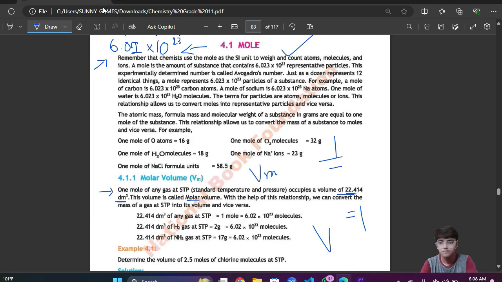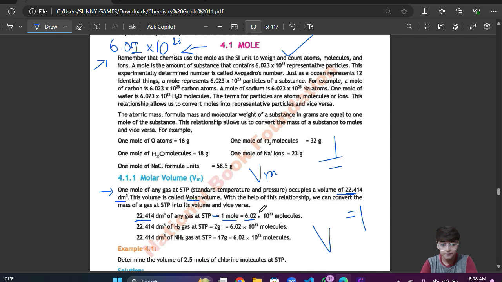Now if I talk about STP and 1 mole, 1 mole is always equal to 6.02 times 10 to the power 23 molecules, as I just told you at the start of this lecture. And the volume at STP is also equal to 1 mole.